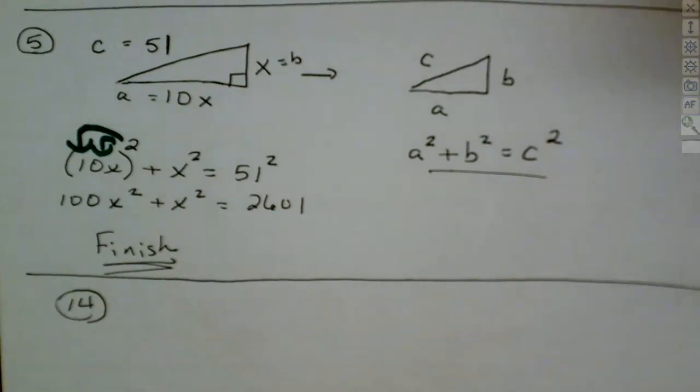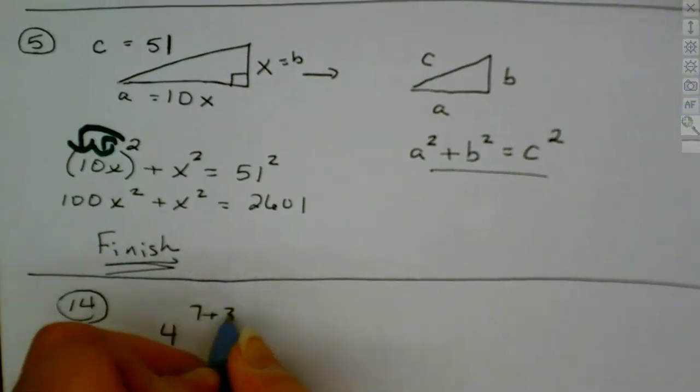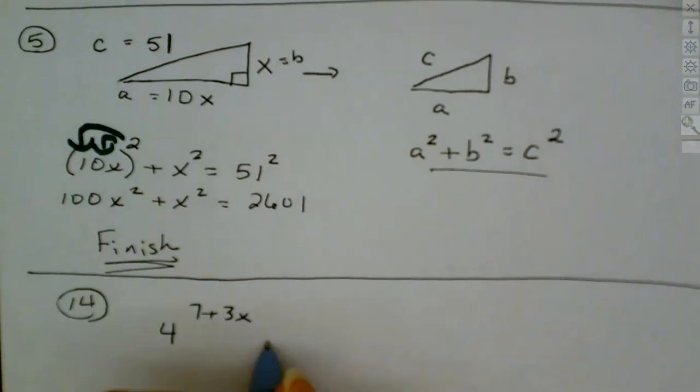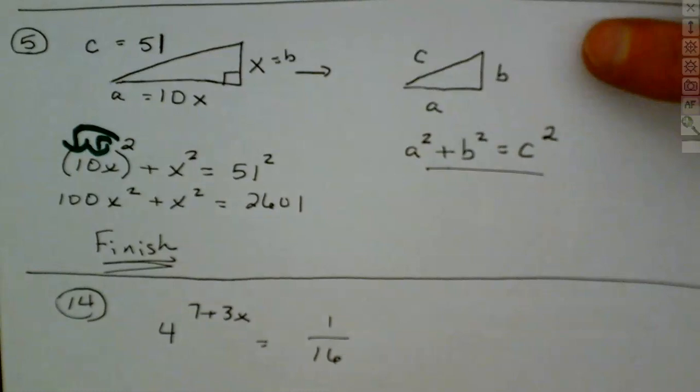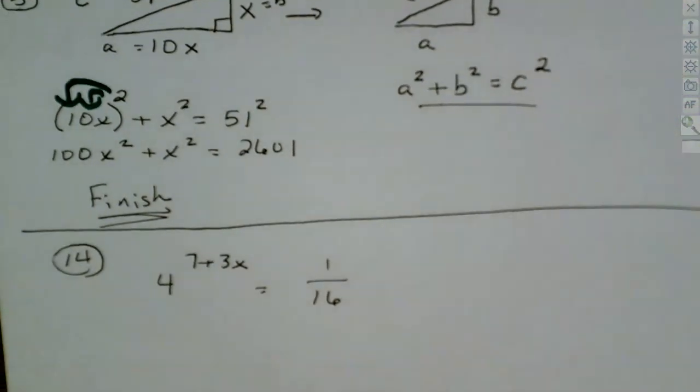These are exponentials. And this is chapter 4. And when we work with these exponentials, we need to make sure that we either have the same base or we have the same exponent.